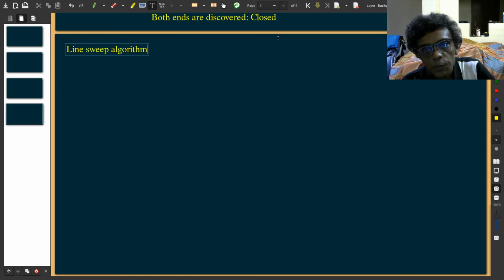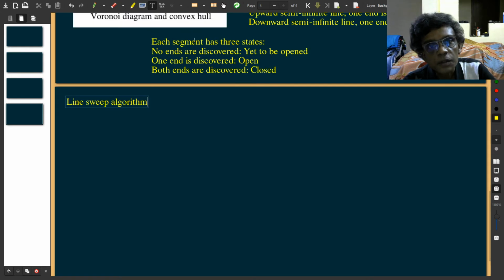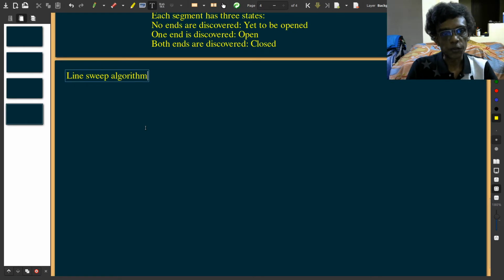This will sweep from plus infinity to minus infinity. During the process, several events will happen, which will eventually discover all the segments. When this algorithm terminates, we know all the segments and semi-infinite lines are closed.